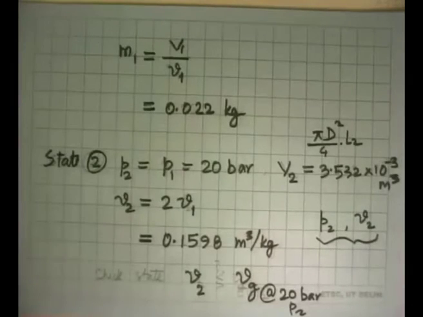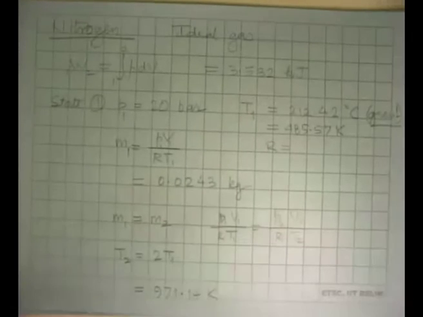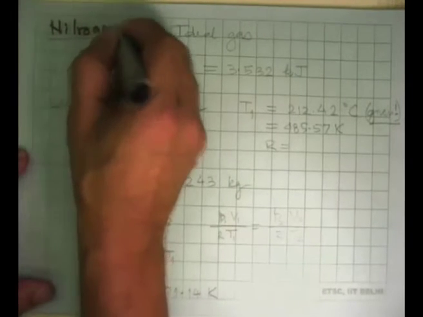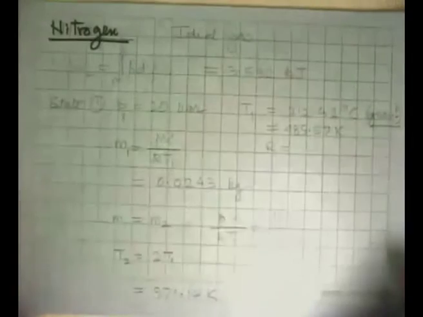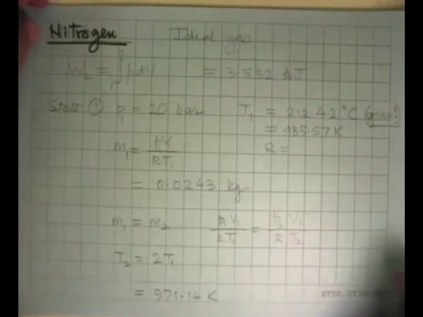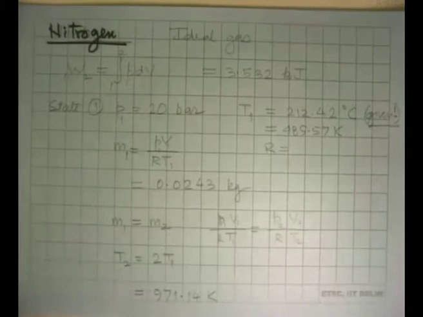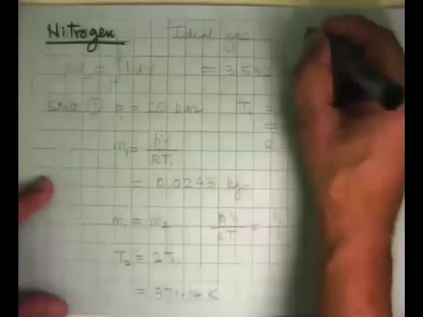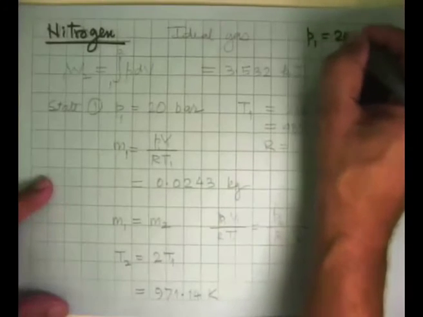Now we go back and say that if I had nitrogen, so nitrogen is now a different ballgame altogether, and we say that the geometry of the device is the same, pressure is the same, 20 bar.